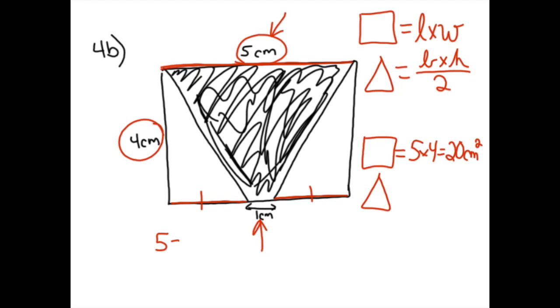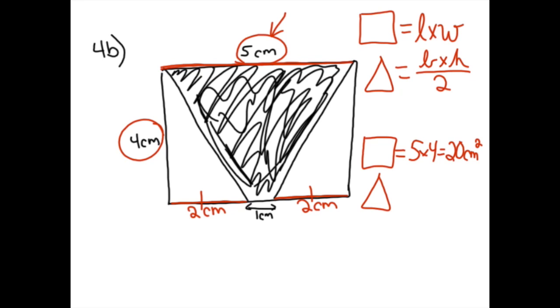So we're doing 5, which is the total length, minus 1, which is the only piece we were given right here, which equals 4. So to find out what just one of those bases is, we're going to need to do 4 divided by 2, which equals 2. So that means that this here is 2 centimeters and this base here is 2 centimeters. Now I've got that labeled and I'm ready to move on.